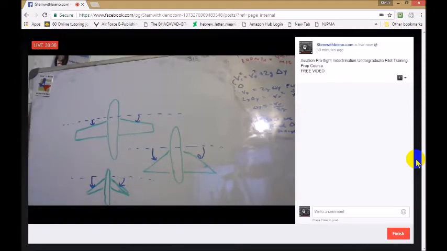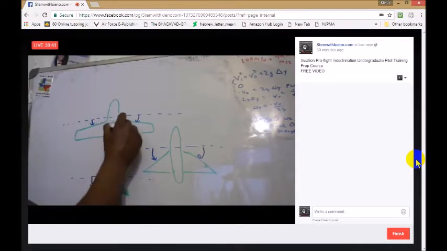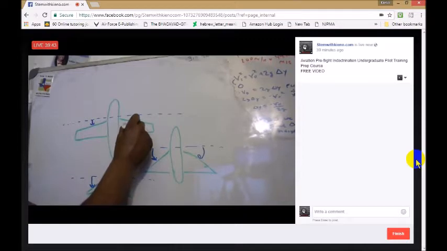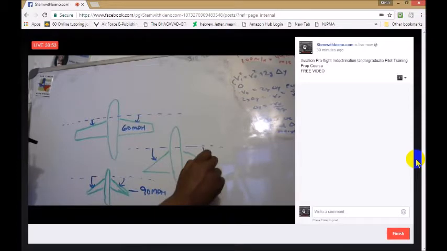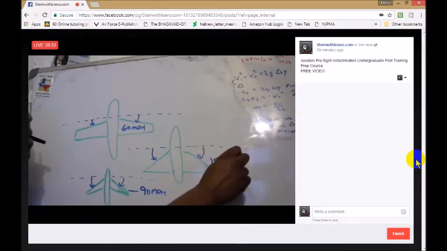So when we think about lift, let's say that this wing stops producing effective lift at 60 miles per hour, where this wing may stop producing effective lift at 90 miles per hour, and this wing may stop producing effective lift at 150 miles per hour.